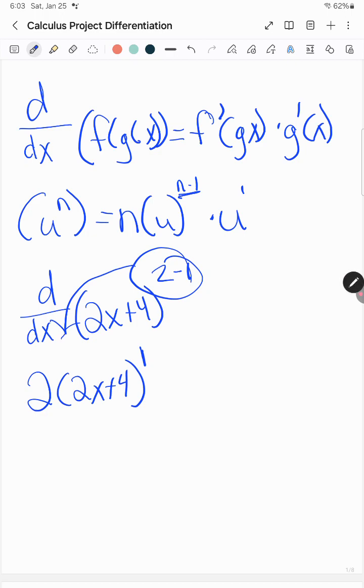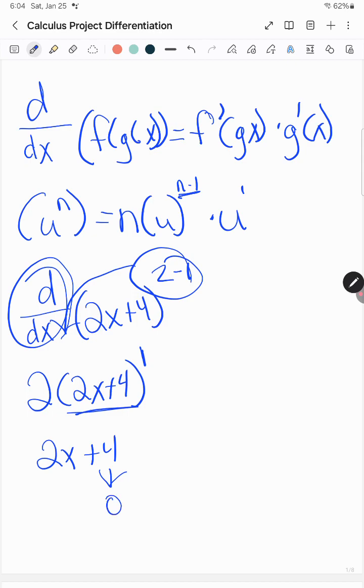The second part of this problem is going to be finding the derivative of the inside and multiplying by that. So the derivative of the inside, we're going to look at, again, 2x plus 4. 4 is a constant term, and so the constant is always going to have a derivative of 0, and the derivative of the x term is going to be its leading coefficient, so that's going to be 2.